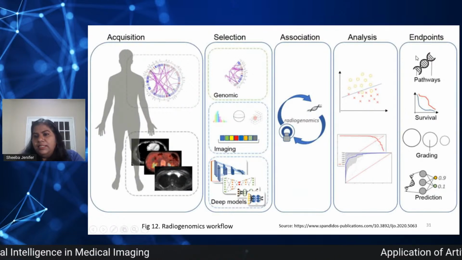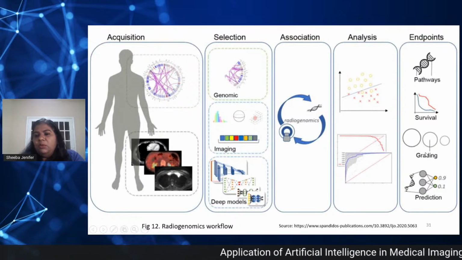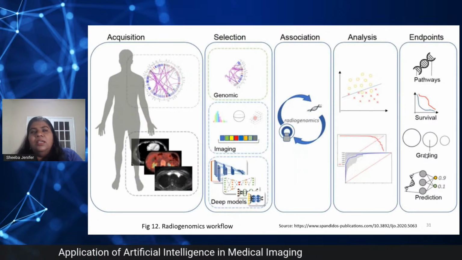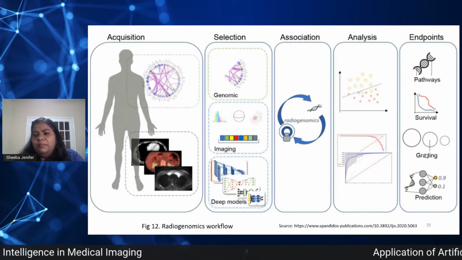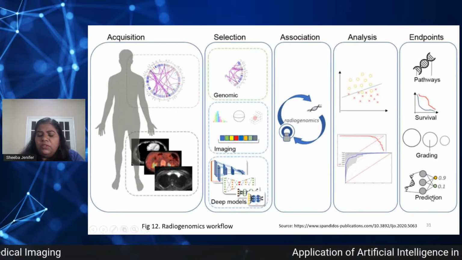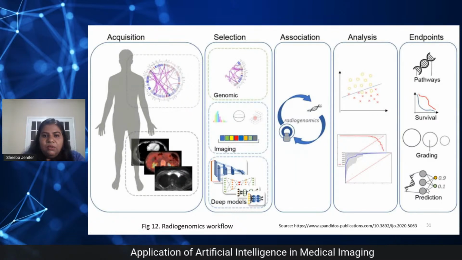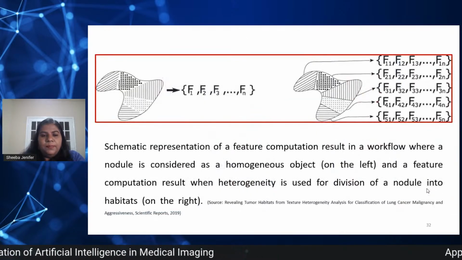And the endpoints, as I said, whether you're going to predict the survival of the patient, or you want to grade the stage of cancer, whether it's the first stage or second stage, what is the tumor growth, or what is the level before treatment, after treatment, or what kind of prediction you want to make. So this is how the cancer radiogenomic workflow goes.